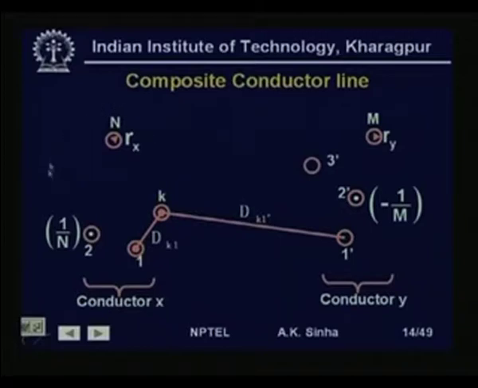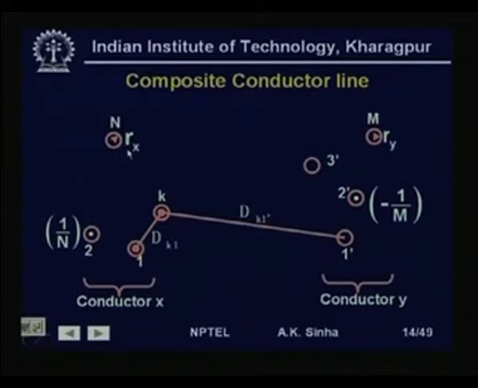Now, we have seen that normally the conductor that we use is not a single solid conductor, but is made up of a large number of strands of conductor. So, here we are trying to depict that condition as a general case, where a conductor X is made up of n number of strands, and each strand is having a radius r x.